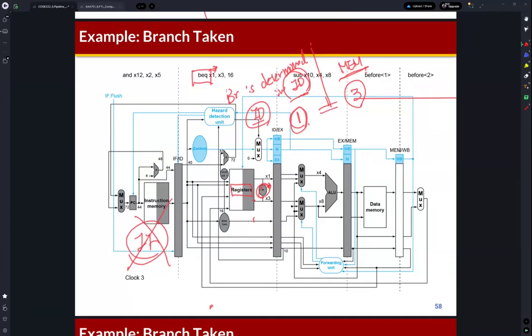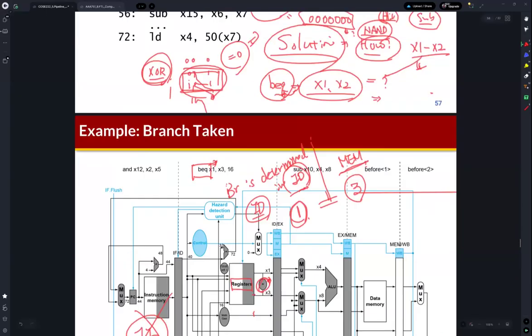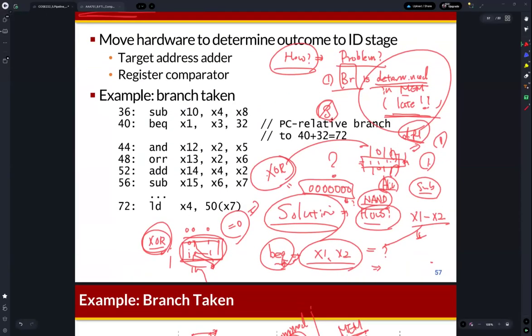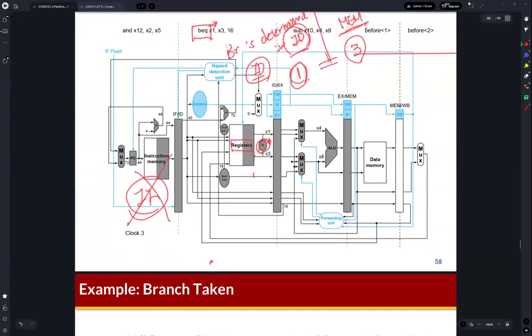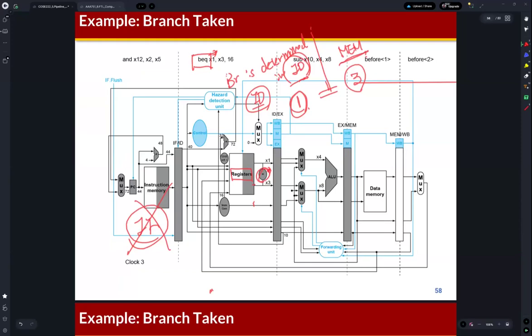You understand? So what is the solution? The solution is that the branch can be determined earlier by using this simple equality check logic.